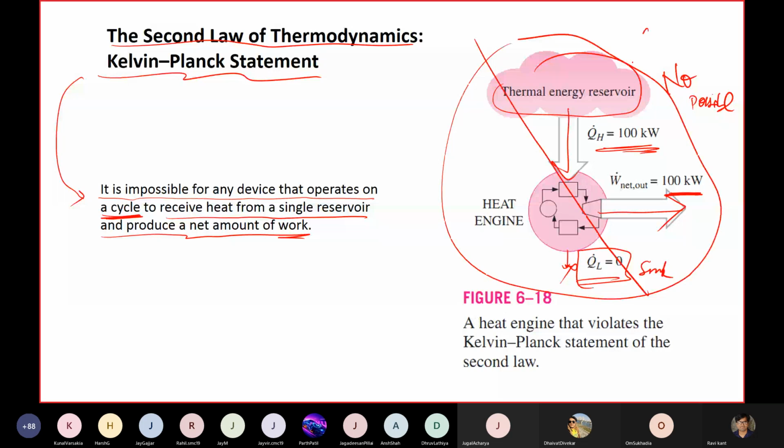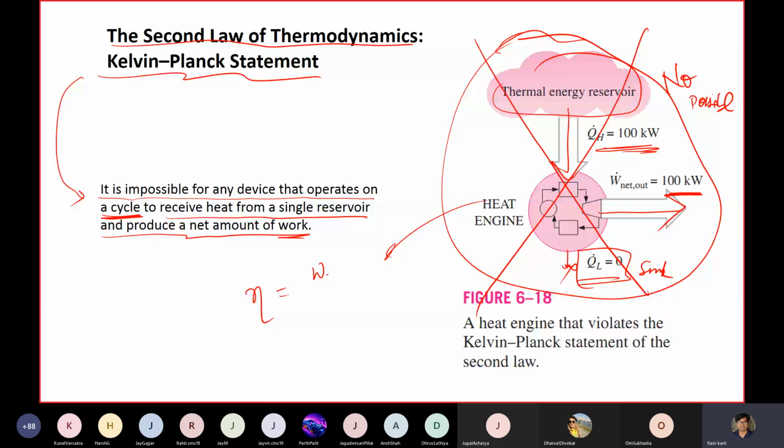There are some patents filed still in the research community claiming this. So basically, what is the efficiency for this particular heat engine? Efficiency is work out by Q in, and you can see that net work out is totally converted, 1 by 1. Efficiency is 100% if we talk in percentage.